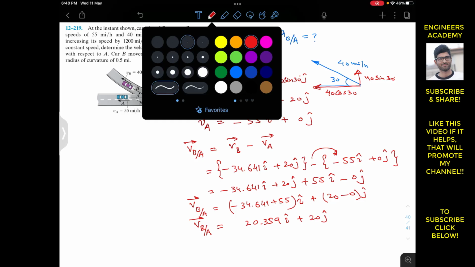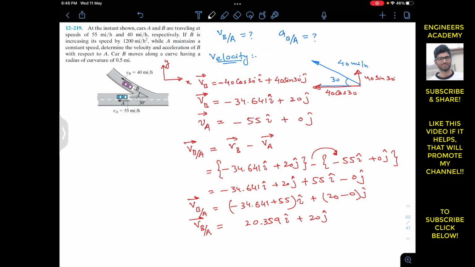So now we can draw that. The relative velocity of B with respect to A is acting in this direction. This is VBA, and its x component is positive.